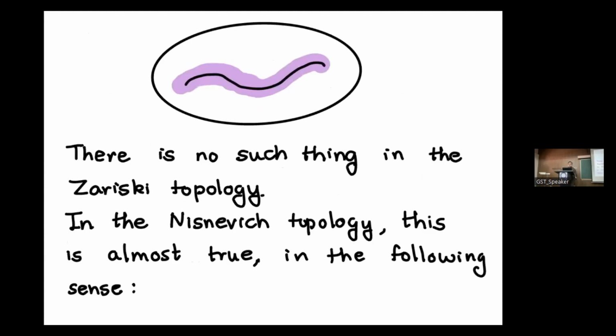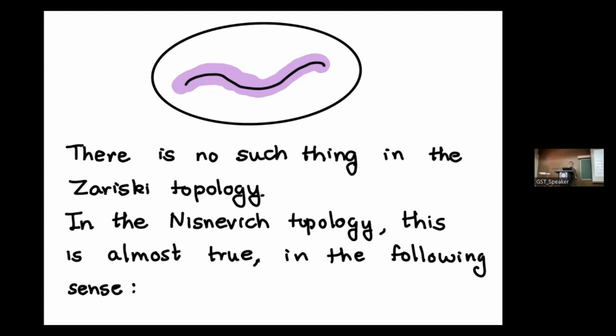I have drawn a crude picture: I've got my space, like a surface, and a curve. You can take an open neighborhood. What will the normal bundle look like? If this is a surface and the submanifold is a curve, then the normal bundle is a line bundle.